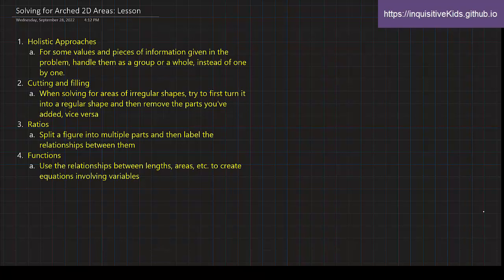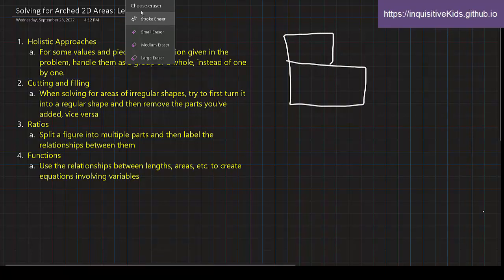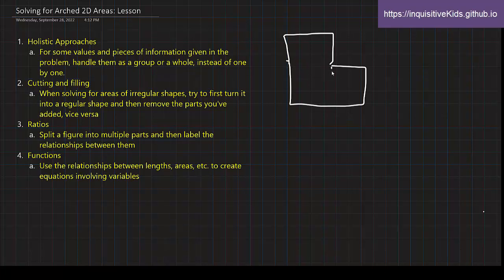A very simple example is this L shape right here. I'm going to erase this part. Here we have a huge L shape. In order to find its area, you can cut it this way or the other way.